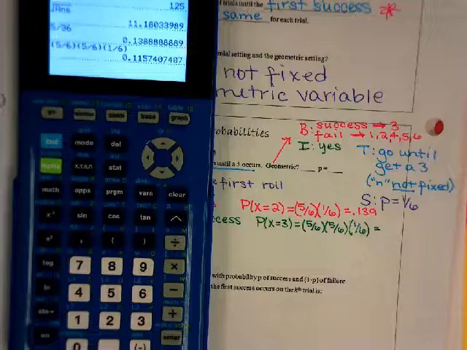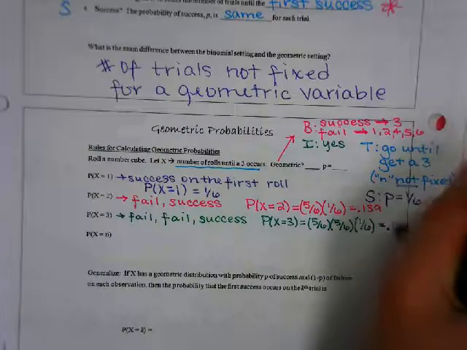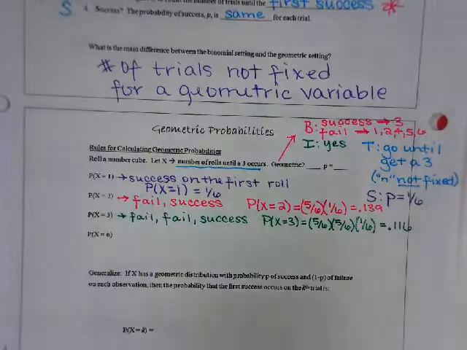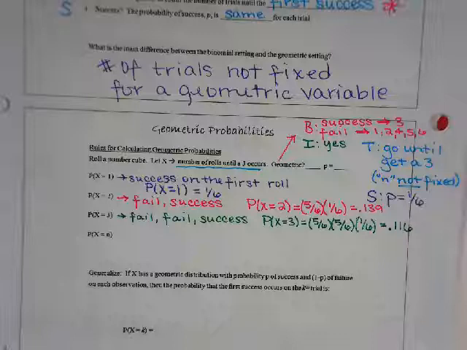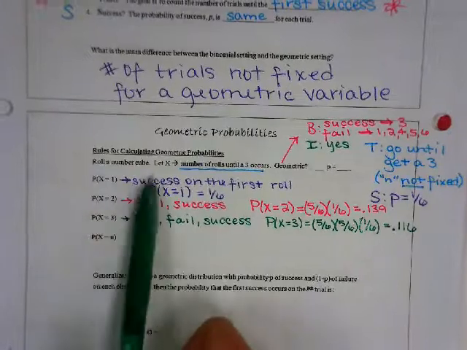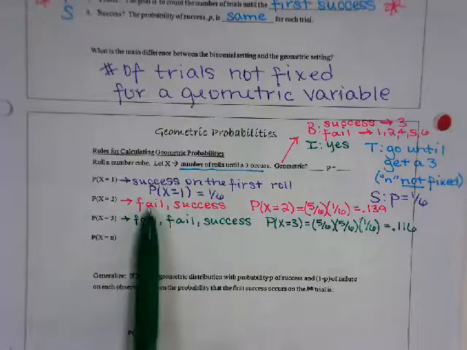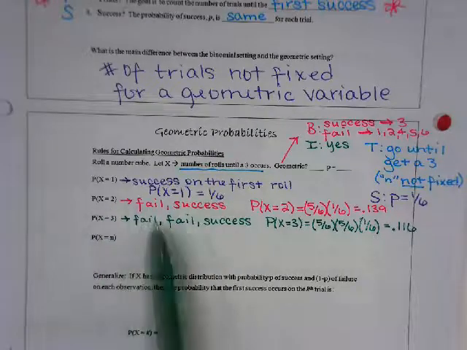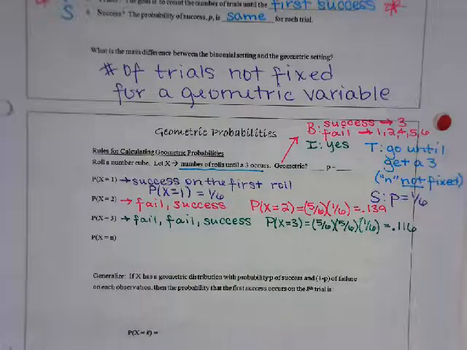Anybody notice a pattern that might help us generalize this to a formula? So when x equals 1, that was just getting a success right away. Here, 2, we had a failure, then a success. 3, fail, fail, success. So if it takes n number of rolls to get a success, that means I failed 1 less than n times.